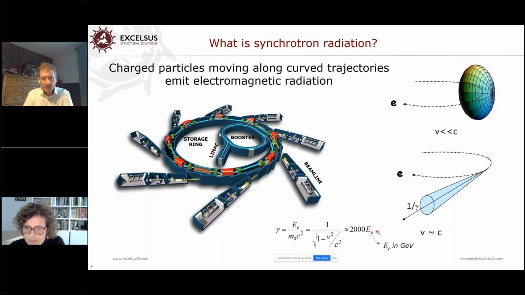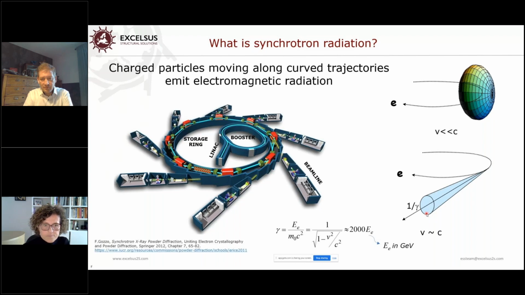For example, for the Swiss Light Source, which is a medium energy ring at 2.5 GeV, this is approximately a factor of 5,000. This gives you an idea of how this directionality changes.